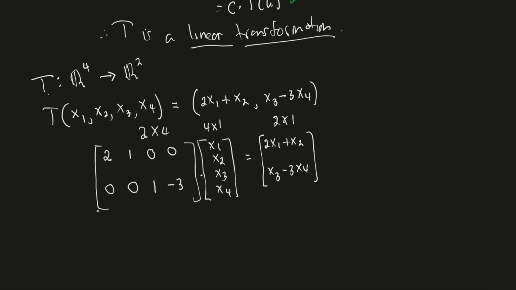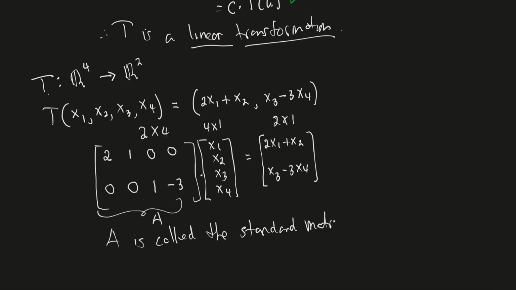So let's call it A. So A is called the standard matrix of the linear transformation.